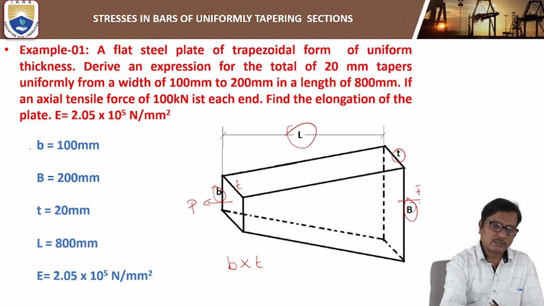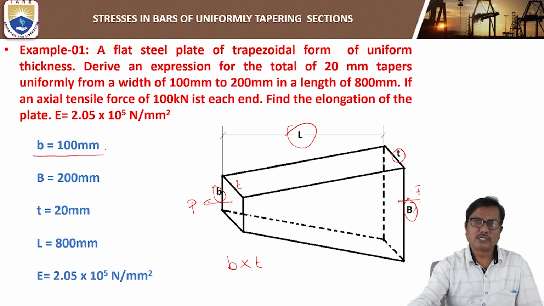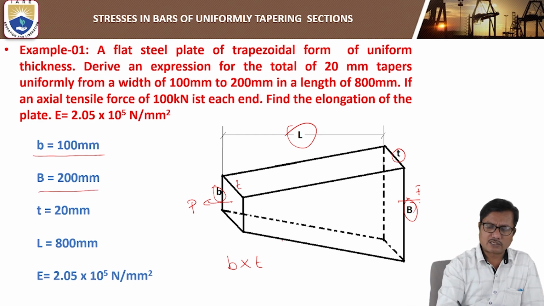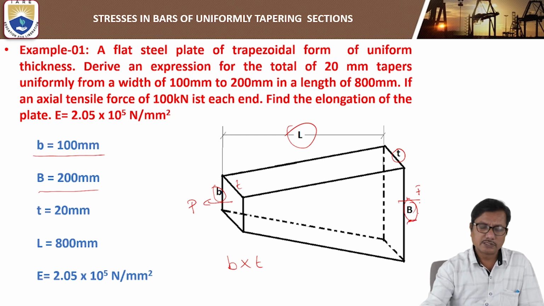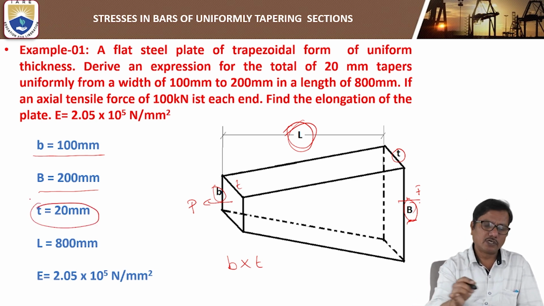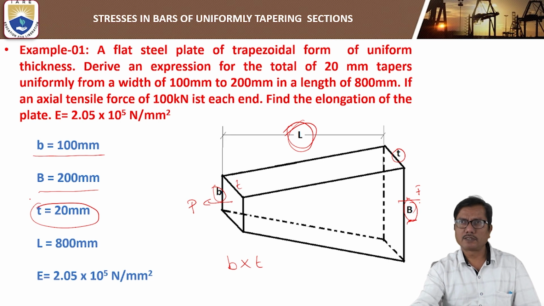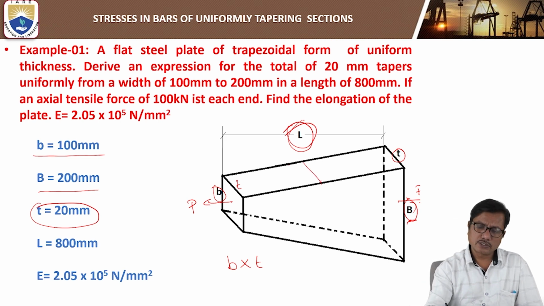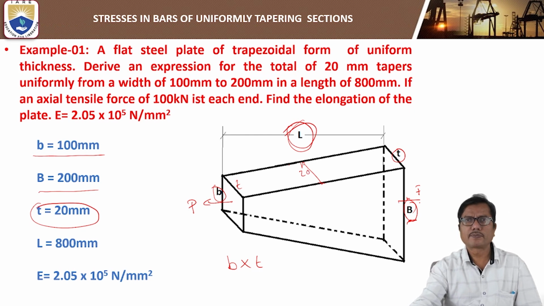So here the width at the left end is small b, which is 100 mm, and the width at the right end is capital B, which is 200 mm, and the length of the bar is 800 mm. Thickness is uniform and is equal to 20 mm throughout.